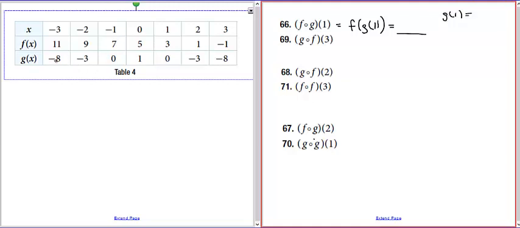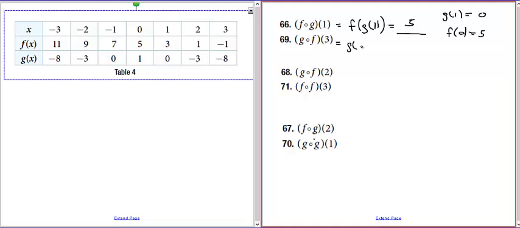And we go over to the table. So x equals 1, g is 0. So that's 0. So now we do f of 0. So we go over to our table, 0, and the corresponding f of 0 is 5. So that's our final answer.